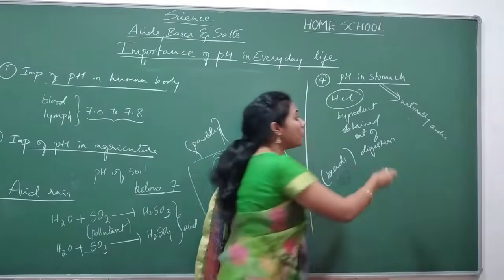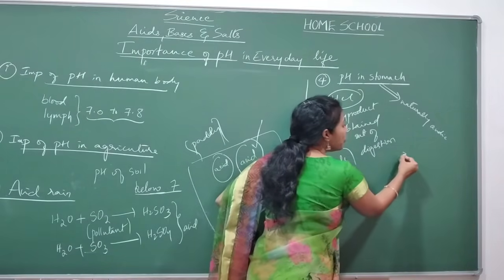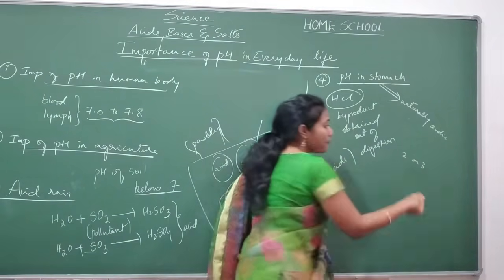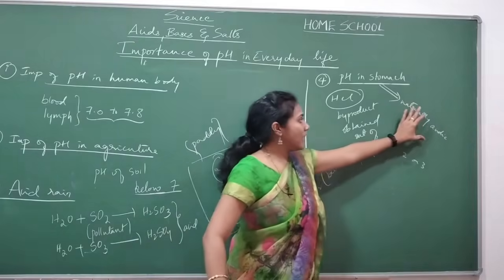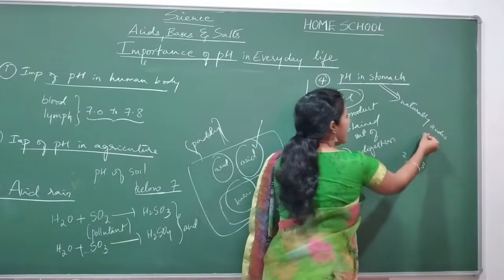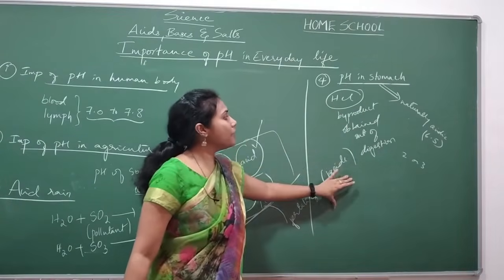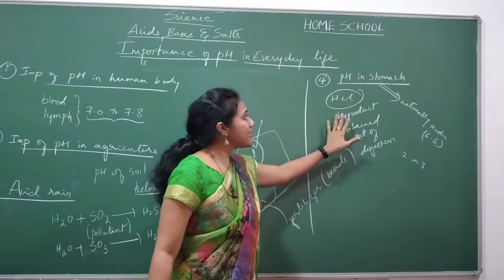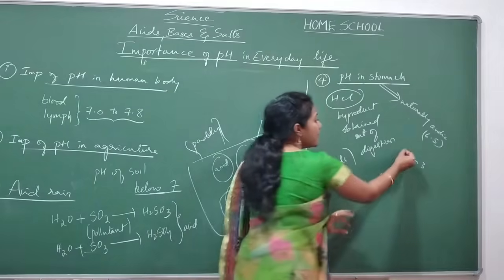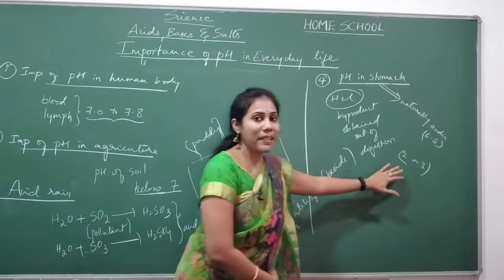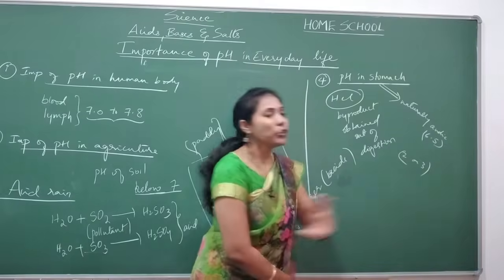The pH value may go down to how much? 2 or 3. Yes, this much range. Naturally, the pH value is around 6.5 in the stomach. But whenever you take spicy food, because more and more HCl is created, the pH value decreases much more, to 2 or 3.